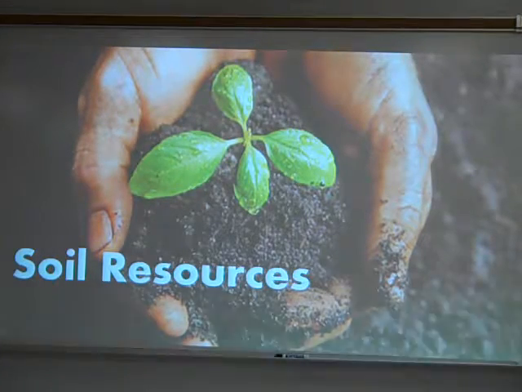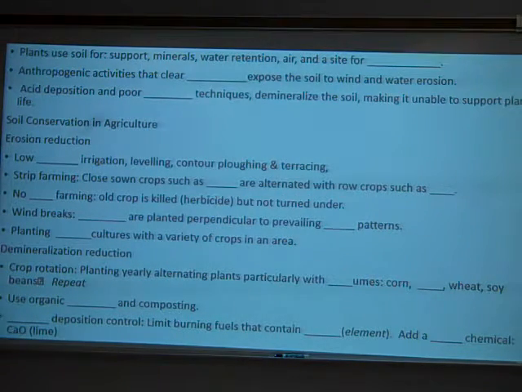Then you got your soil resources. The second most important resource within an ecosystem is the soil, after the water. It therefore is also the second most important thing in agriculture, because our crops are of course our own little ecosystems basically. So we need to conserve soil. The things that deplete soil are erosion, both water and wind.